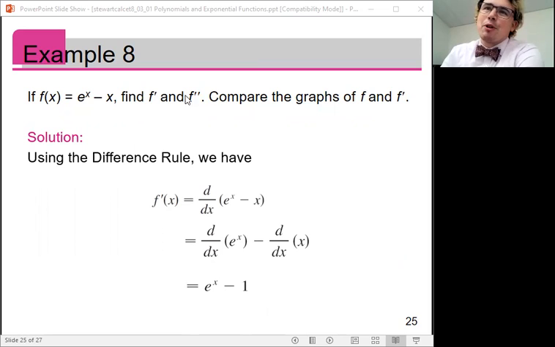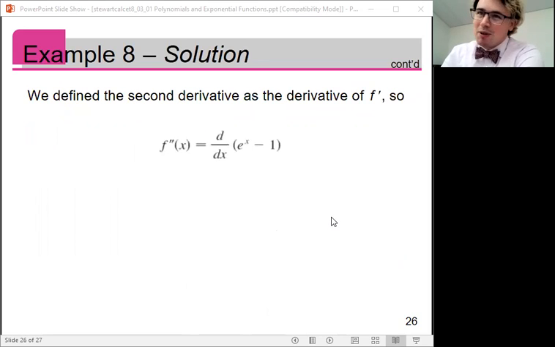And if I wanted to go further and compute the second derivative, it is just the derivative of the first derivative. F double prime of x is equal to d on dx applied to the quantity e to the power x minus 1. Again, I can break that down and say that this is d on dx applied to e to the x minus d on dx applied to 1.